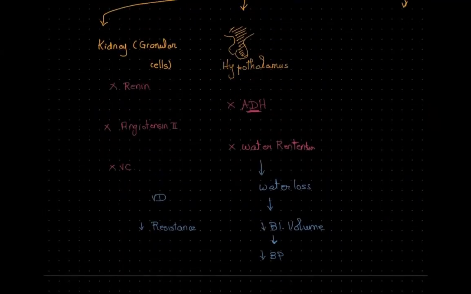The third target organ for ANP, atrial natriuretic peptide, was, if you remember, the adrenal cortex. It acts on the adrenal cortex to prevent the release of aldosterone. If I'm preventing aldosterone release, this means I'm not moving the sodium back, I'm preventing the sodium reabsorption.